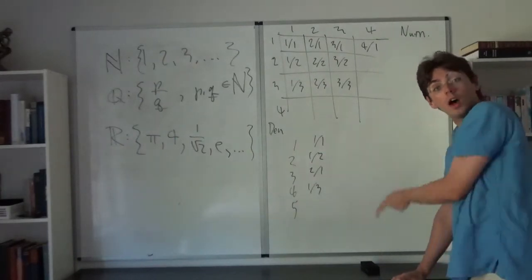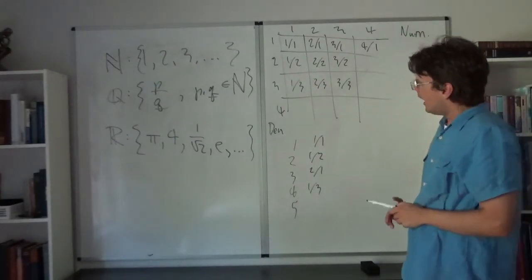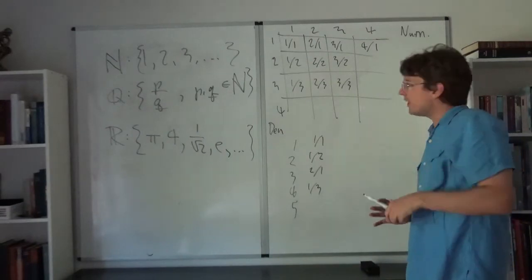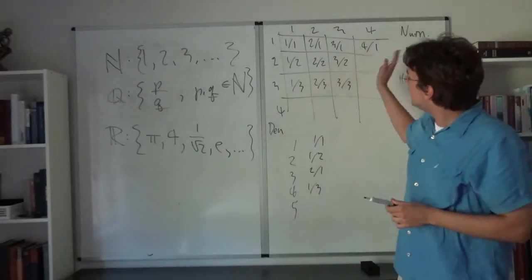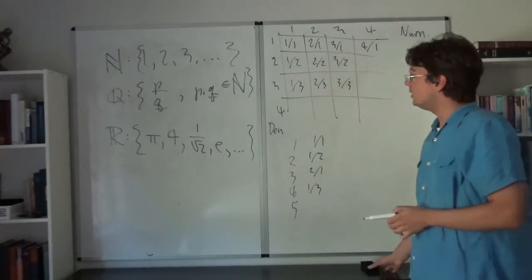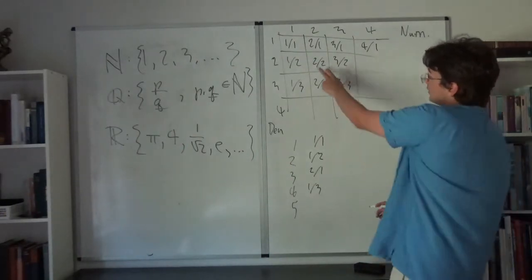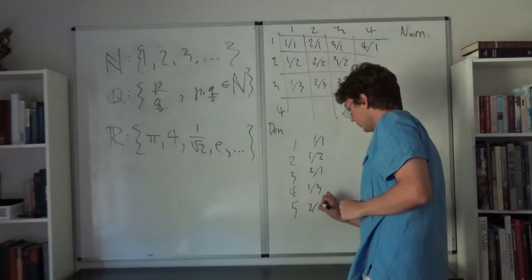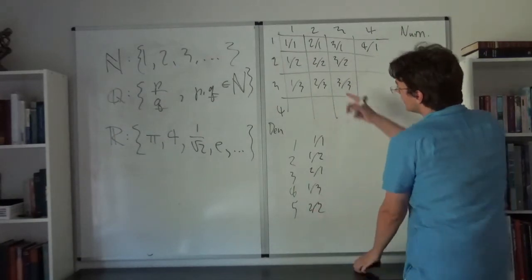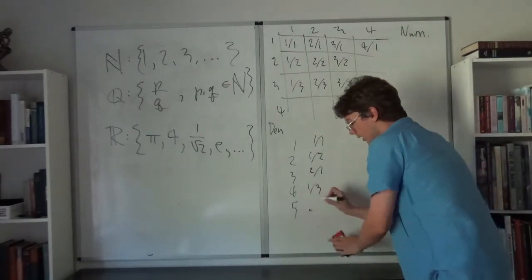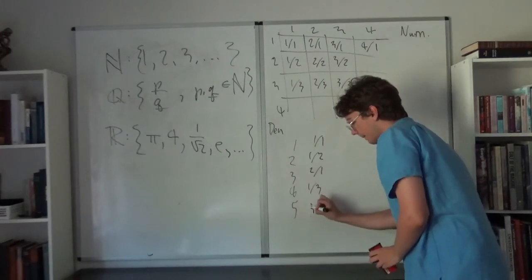And you see here that this is going to cover every fraction in existence, every rational number, onward and onward. And if you have a problem with the fact that some of these are repetitive, then that's fine. You can just skip the ones you've already seen before. Like I get to 2/2 right here, and it's like, oh, I've already seen that one before. Let's just skip straight to 3/1.